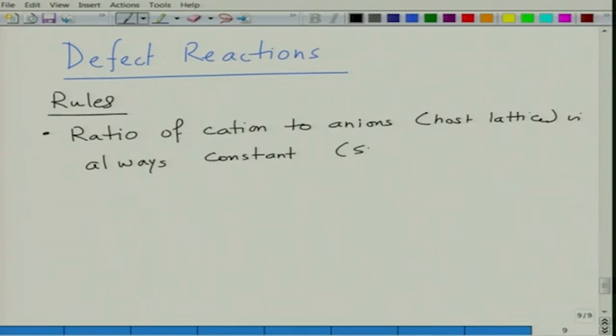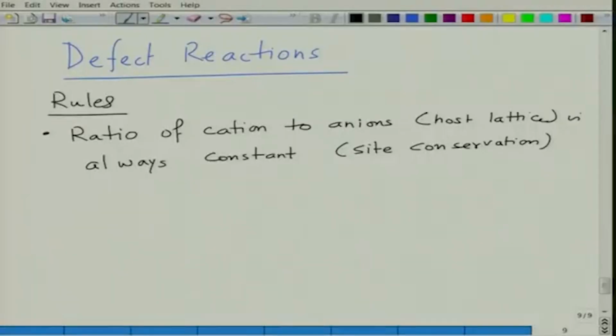This is basically the law of site conservation. So, if it is an AO lattice, which means the number of A sites is equal to the number of O sites, you cannot change that ratio. You cannot make it A2O3 or A2O. AO is the host lattice.